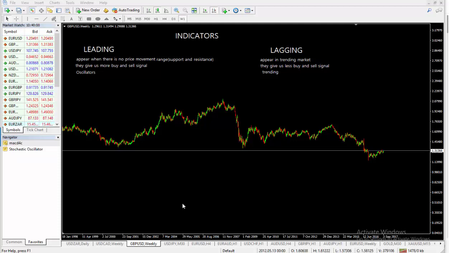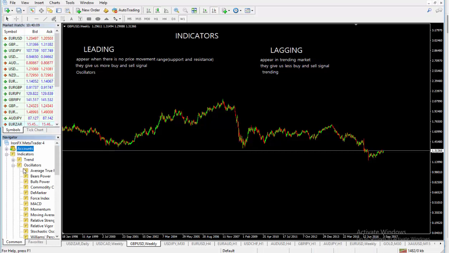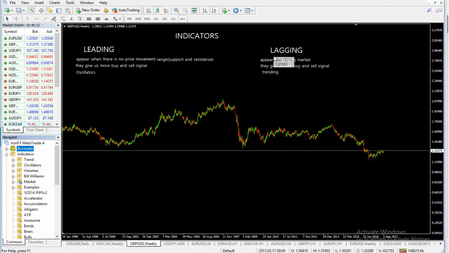If you go to oscillators here, you will see that's where your leading indicators are, right? And for trending we use lagging indicators, right?